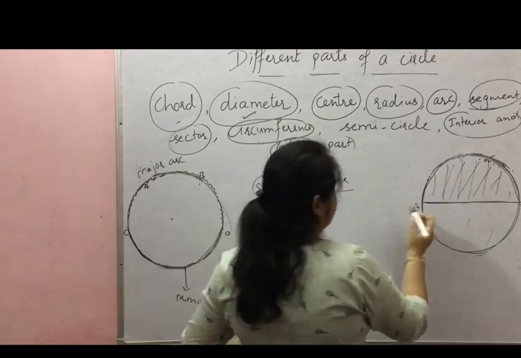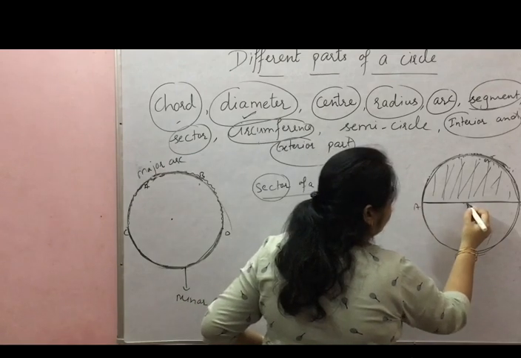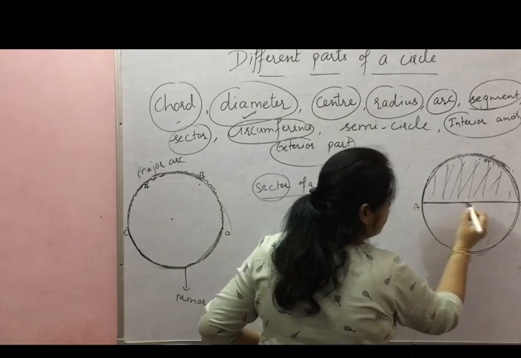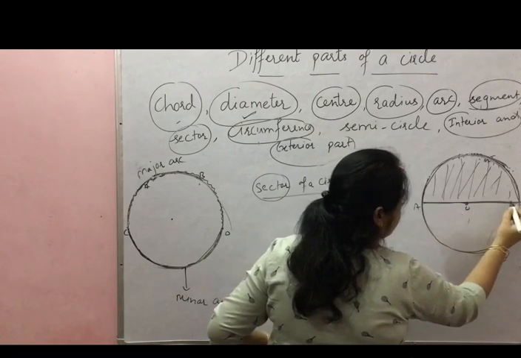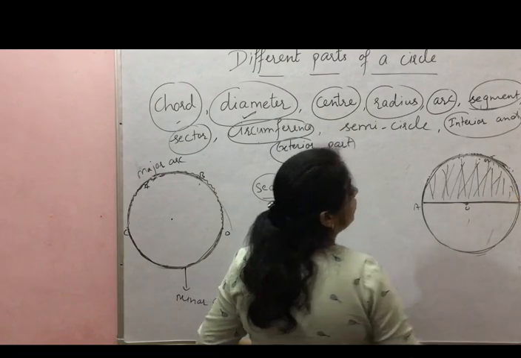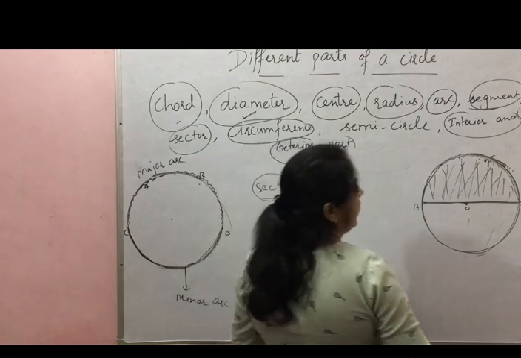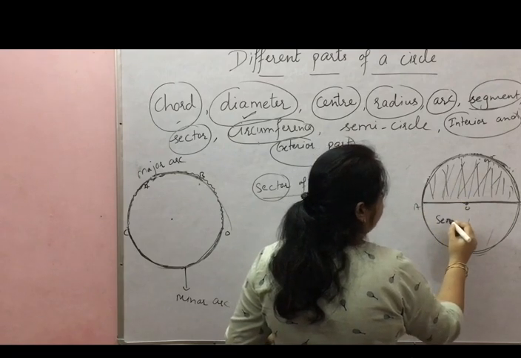Now can we say this is called a sector as well? Yes. See, what is a sector? We have discussed the radii. If we have a diameter, and this is the center, we can say this is the radius, this is radius, this is radius. So this is called a sector also. But we have one special name for this, the semicircle.